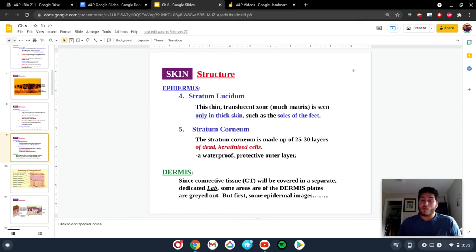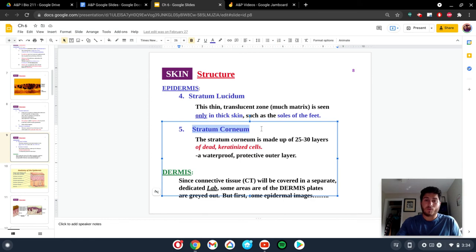The reason that skin appears thicker than other parts is because of this stratum lucidum layer, so you're only going to see it in the thick skin areas. All other parts of the skin, where you might consider it thin skin, basically everywhere else, are only going to have 4 layers: the first 3 layers we discussed, as well as the 5th layer, the stratum corneum.